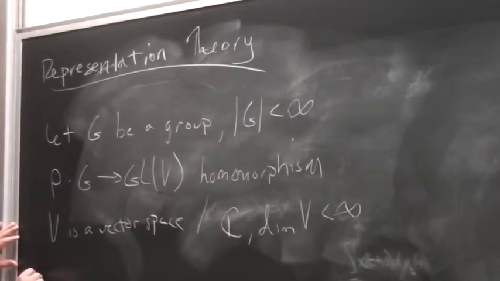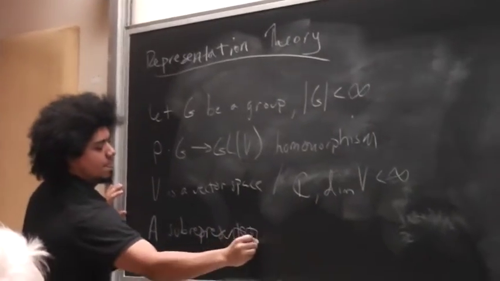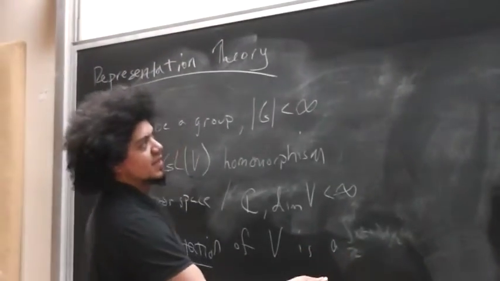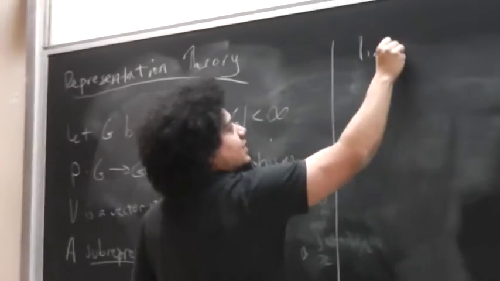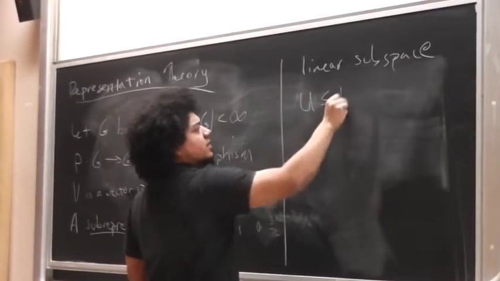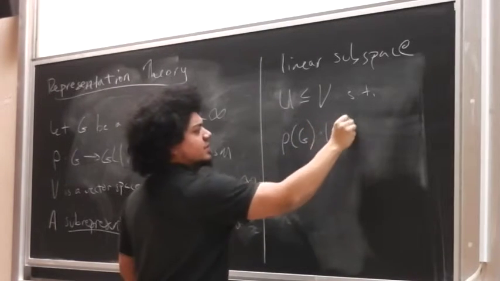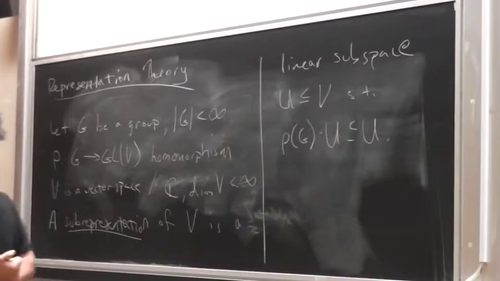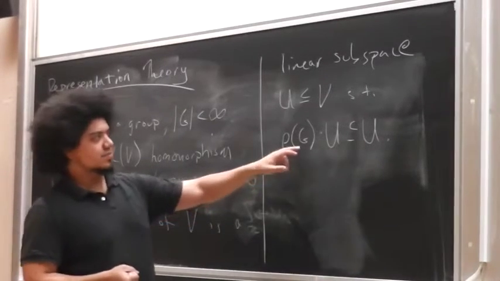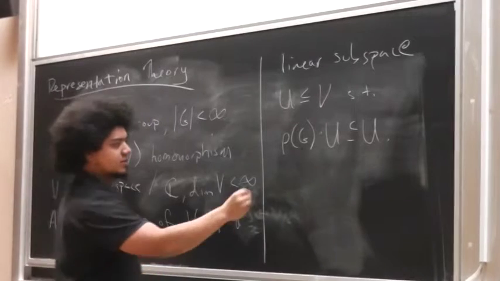A subrepresentation of V is a linear subspace U inside of V, such that rho of G applied to U stays inside of U. So any of these matrices or linear endomorphisms that G is mapped to will just send U into itself. This is a subrepresentation.